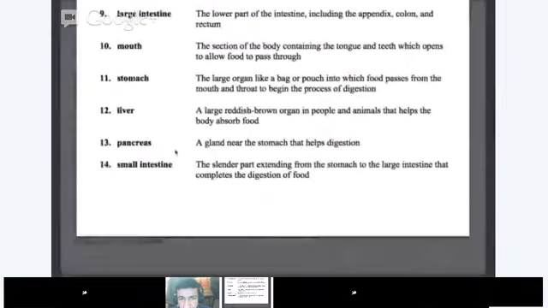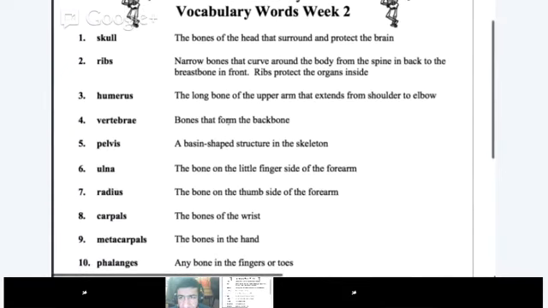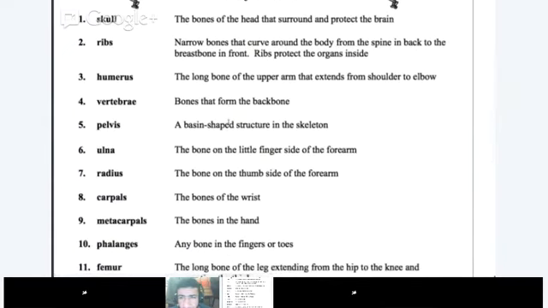So now we have, let me just make this a little bigger. Okay. So now, what part of the body are we going to talk about? Who can tell me just by looking at the words? Skeletal. Perfect. So now, the movement system.